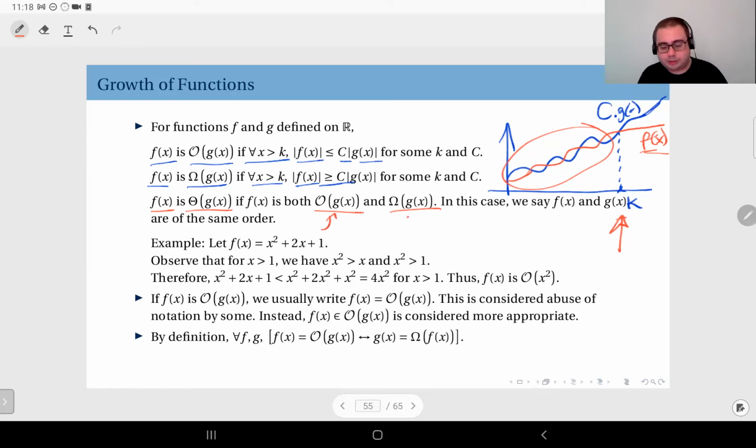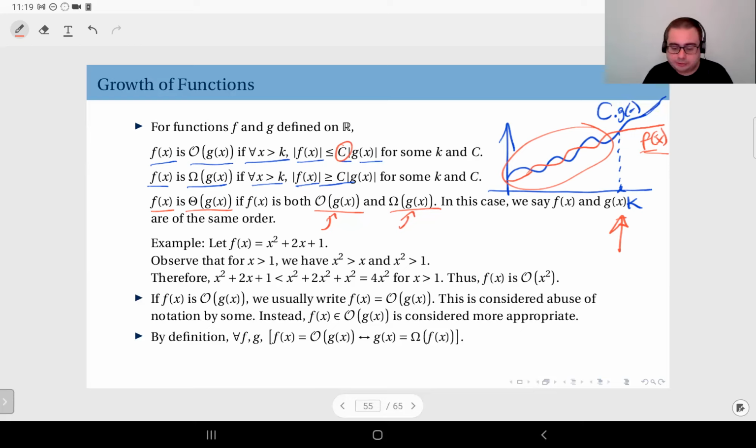But you also say f of x is big omega g of x, in which case you are saying f of x is growing faster. But essentially, if you have them both, recall the constant here, because this could be less than 1, it could be greater than 1, doesn't really matter, but you have a fixed c value.